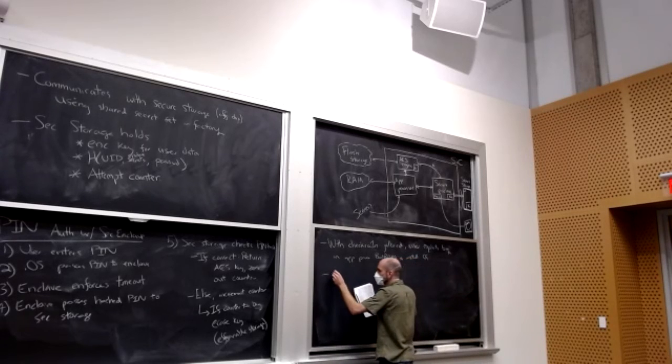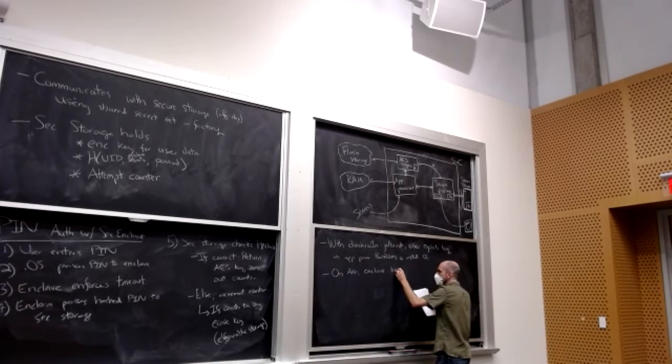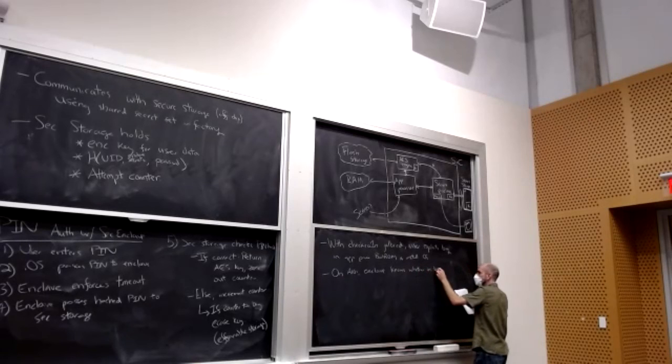So on the new phones, on say A10 and beyond, the enclave knows whether the phone was booted via USB.